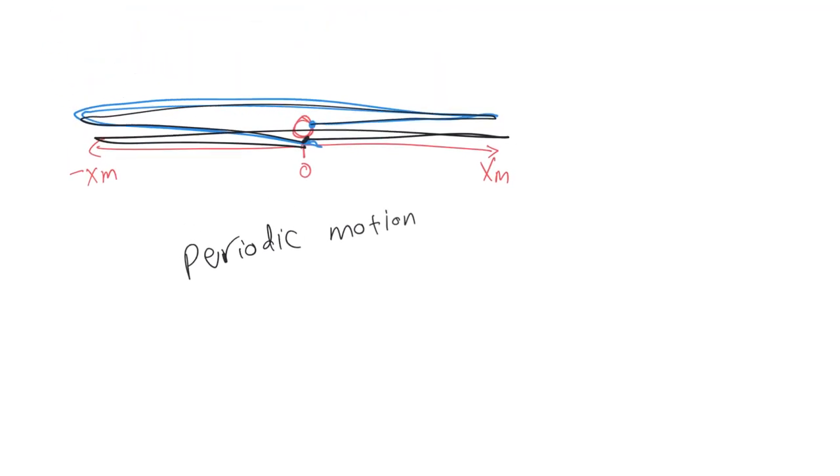Also, now we will focus only on this particle. Here is 0, here is xm, here is minus xm.